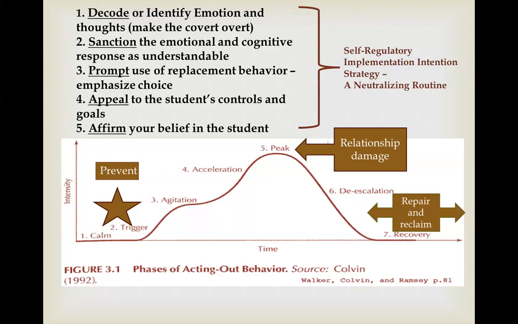But you want to make this as fluent and as brief as possible to diminish the chances that it might be inadvertently reinforcing. We can think of this 5-step procedure as a self-regulatory implementation intention strategy, a so-called neutralizing routine. And what are we neutralizing here? Implicit bias that's going to drive the student to engage in the same old troubling behavior.